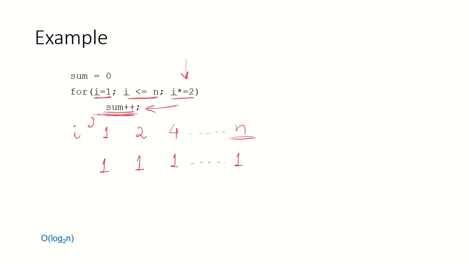If we see this one, we can rewrite it as 2 to the power of 0. 2 can be written as 2 to the power of 1. 4 is 2 to the power of 2. So we can say that in the kth iteration, in iteration k, I will become n.